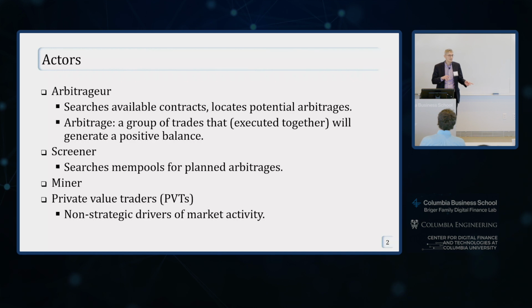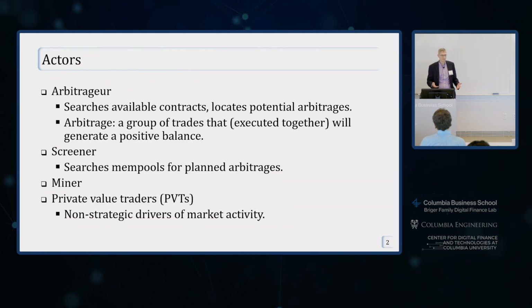The screener is searching the mempools to front-run the arbitrage trades, good or bad, and the miner validates everything. And in order for there to be some slack in the system, some source of value that's going to be there no matter what, we have these private value traders, what in microstructure models we often call noise traders.